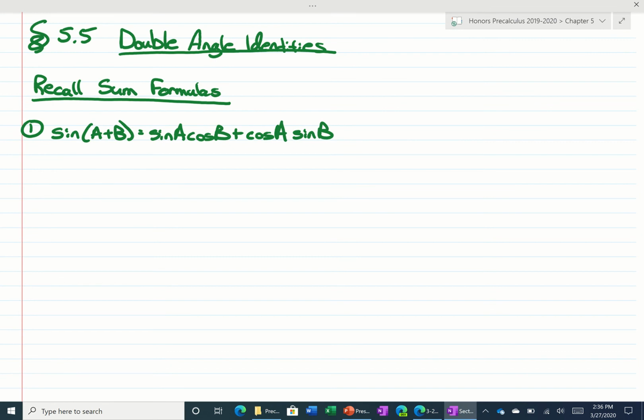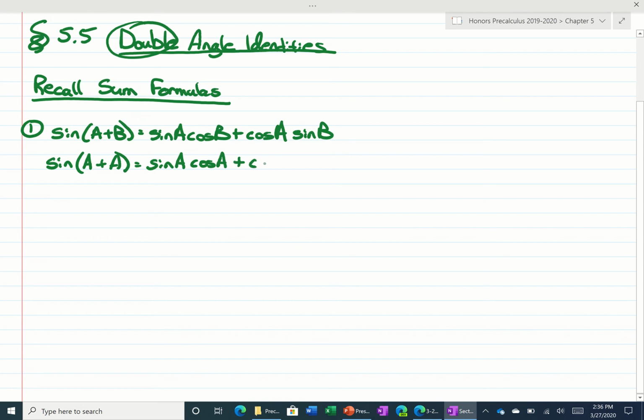Now what we're going to do is, instead of saying b, it's called the double angle formula, because instead of having a plus b, it's just going to be a plus a. And this would turn into the sine of a cosine of a plus the cosine of a sine of a, which gives us the formula the sine of 2a is equal to 2 times the sine of a cosine of a.